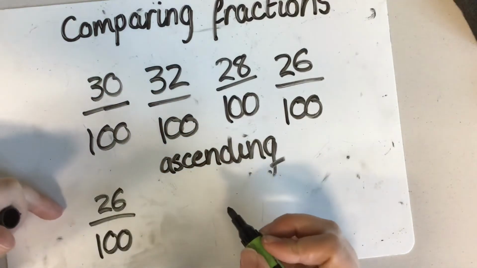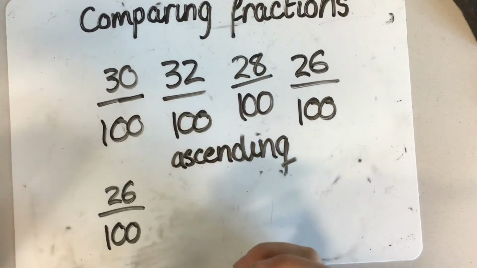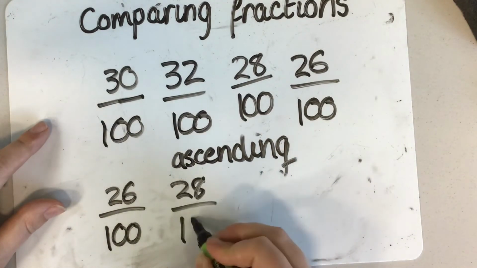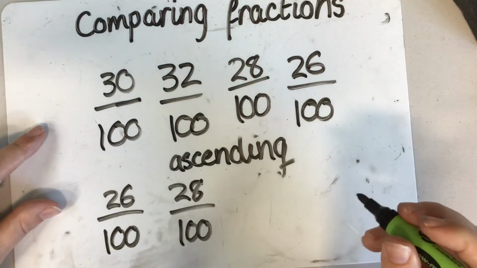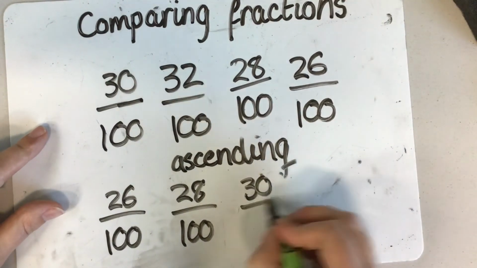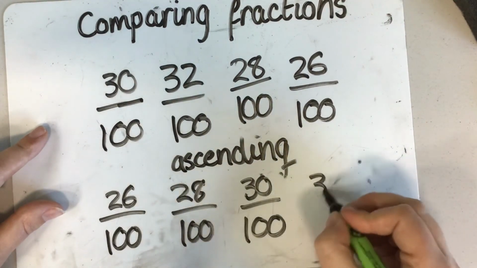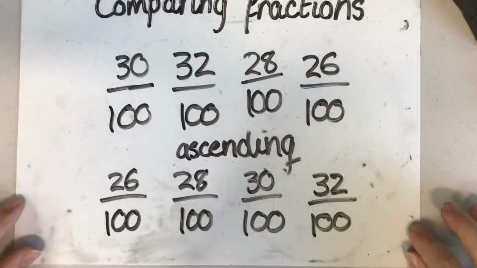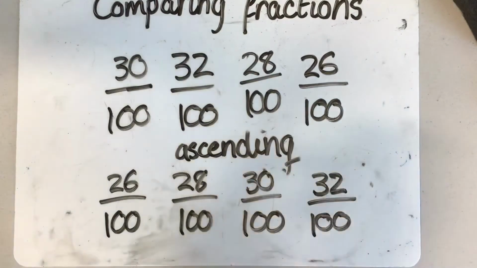So that is our smallest fraction, 26/100ths. What's going to come next? 28/100ths, 30/100ths, and finally 32/100ths is our biggest fraction. And that is how you would tackle a group of fractions like that and putting them in ascending order.